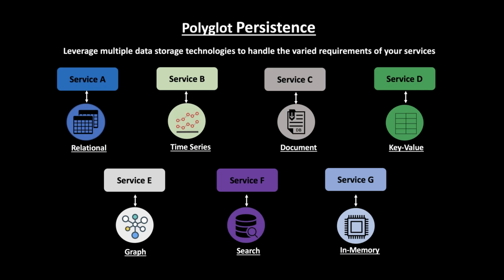Graph database is optimized for storing and navigating relationships between a highly interconnected relational data set. That's one of the use cases of graph. Search databases are optimized for providing millisecond latency for all your search solutions from the user interface.